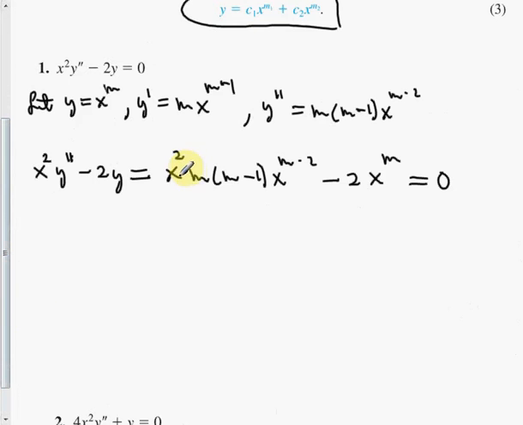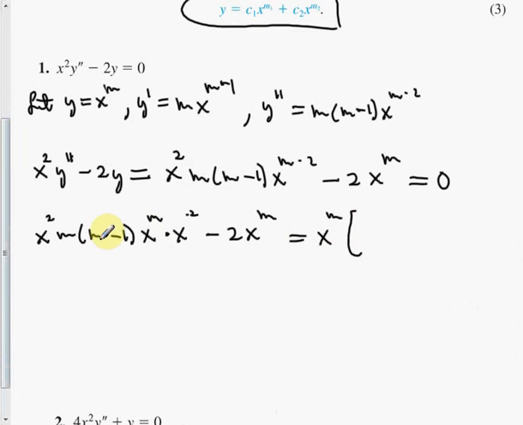Now notice here, I'll write it out so you can see. This is x squared times m times m minus 1 times x to the m times x to the negative 2, minus 2 times x to the m. The x squared and the x to the negative 2 cancel out, so you can factor out x to the m.